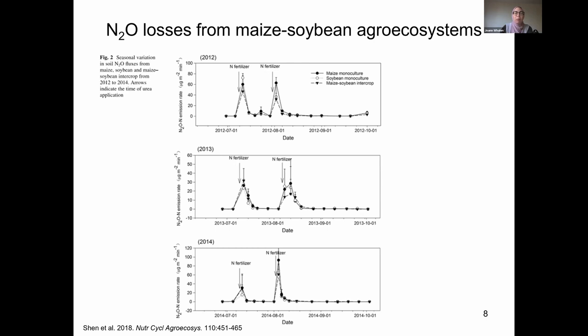So you can see from this study that was published in 2018, the nitrous oxide fluxes on the y-axis in relationship to the date, the calendar date on the x-axis, and showing that the fluxes in this particular corn, soybean agroecosystems from the North China Plain were almost always occurring just after the nitrogen fertilizer was applied.